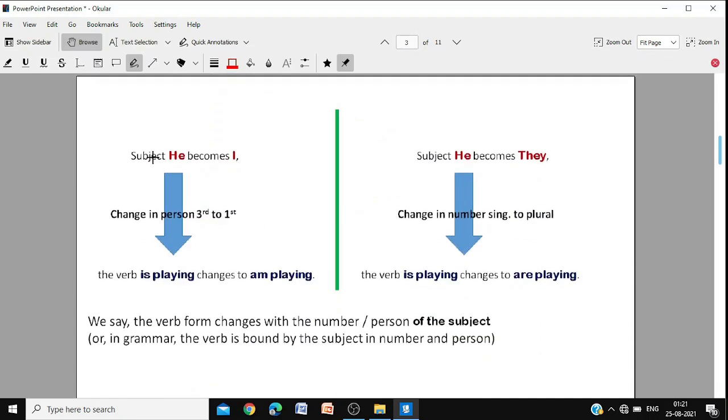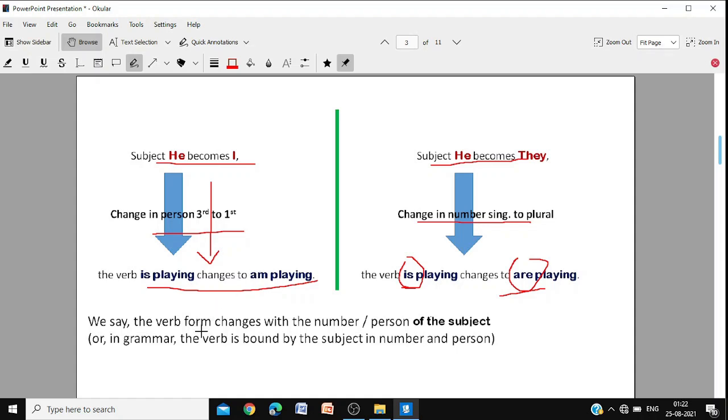When the subject he becomes I, that is, third person to first person, is playing becomes am playing. So we are changing in person. When the subject he becomes they, a change in number, singular to plural, is playing becomes are playing. This is how we change.